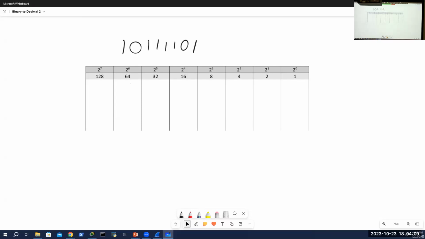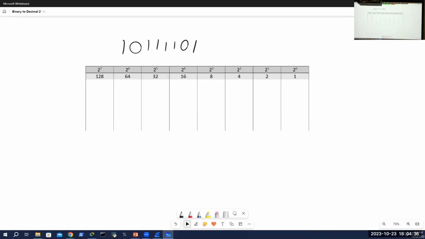Okay, first, before you figure that out, is this an odd number or an even number? Odd. Why is it odd? Because the only odd place value is the rightmost. That's right. If that is a 1, it's guaranteed to be an odd number because all the rest are even.